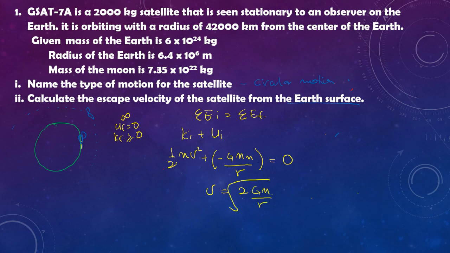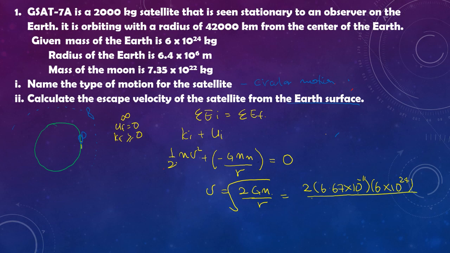Now we substitute the values here: 2 times G, the gravitational constant, which is 6.67 times 10 to the power negative 11, and the mass of the Earth, because from the operation we cancel out the mass of the satellite. So now just left the mass of the Earth, 6 times 10 to the power 24, over r, the radius from the satellite to the center of the Earth.